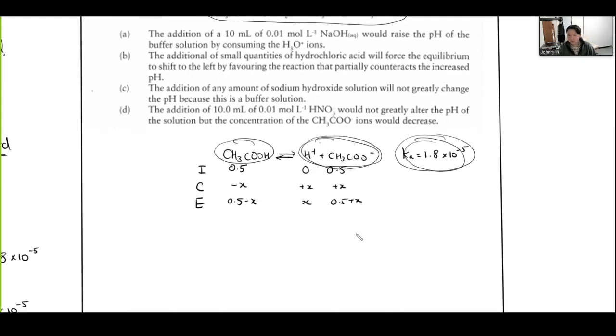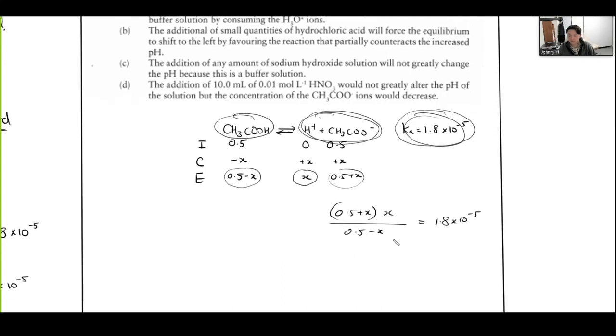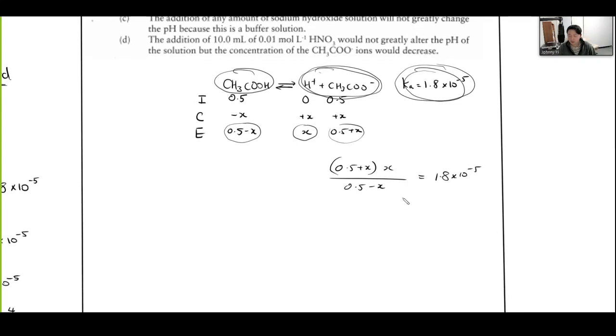So 0.5 plus x times x over 0.5 minus x is equal to 1.8 times 10 to the power of negative 5. And again, this number is almost 0.5, and this number is also almost 0.5. So you can just abbreviate this as 0.5 times x over 0.5.